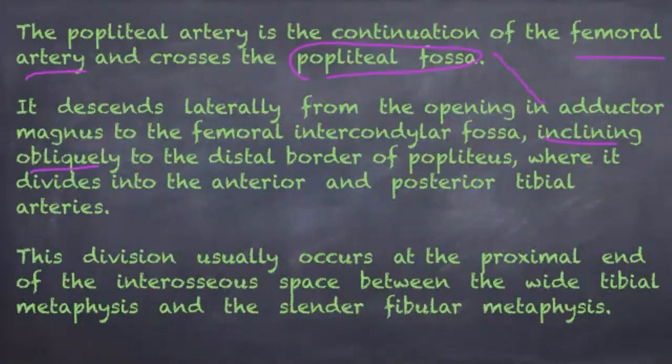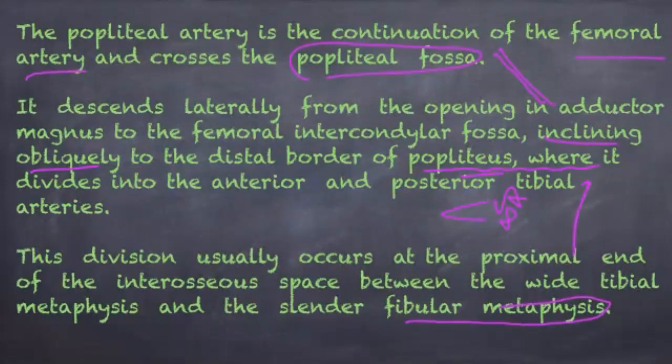It inclines obliquely to the distal border of the popliteus, where it divides into anterior and posterior tibial arteries. The division usually occurs at the proximal end of the interosseous space between the wide tibial metaphysis and slender fibular metaphysis.